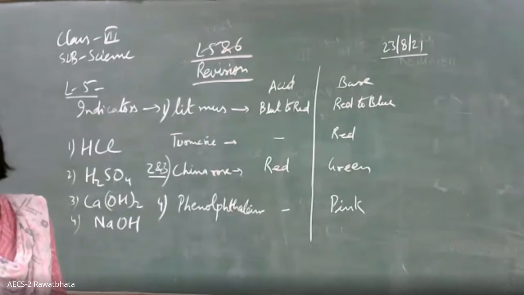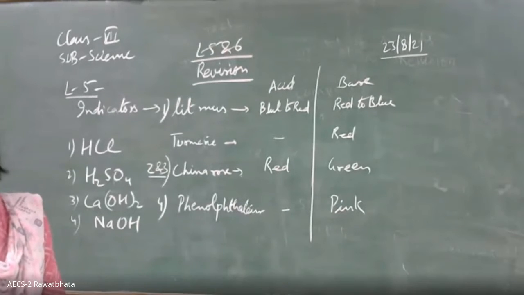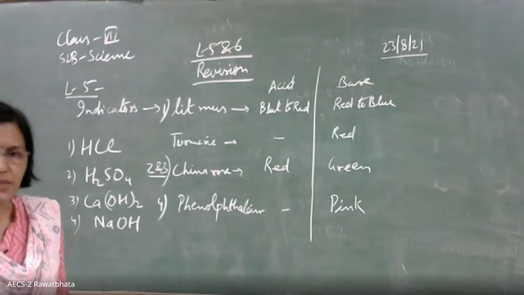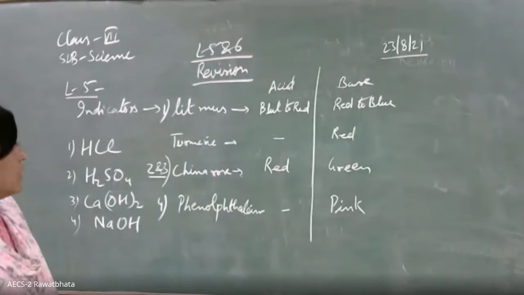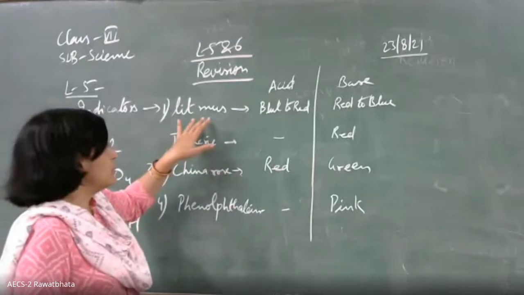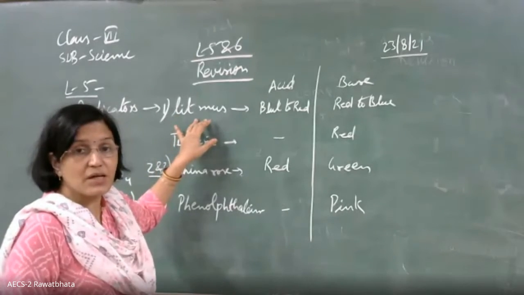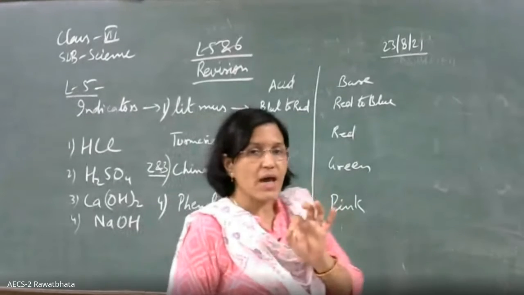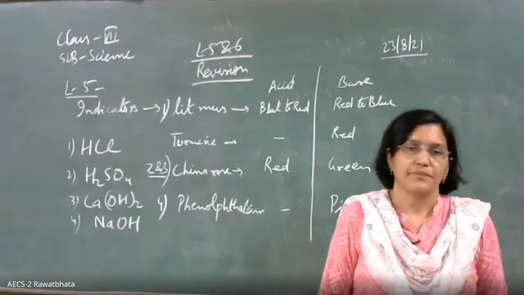Chloric acid, chloride, right? Chlorine gives chloride. Hydrochloric acid, and how is it going to show its changes in litmus? Hydrochloric acid turns dash to dash. Ma'am, hydrochloric acid is an acid, thus it changes blue to red.